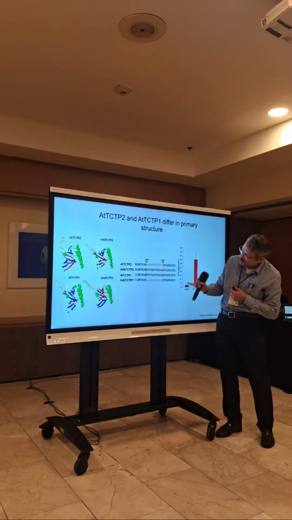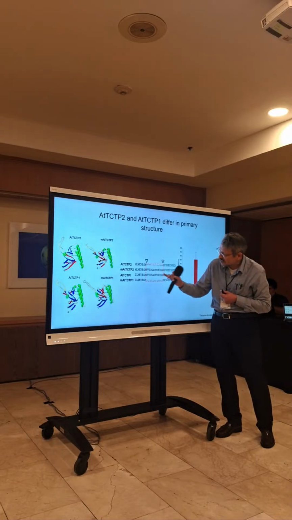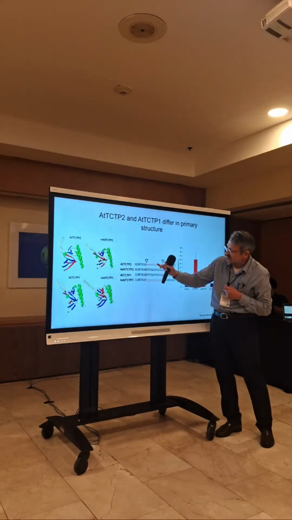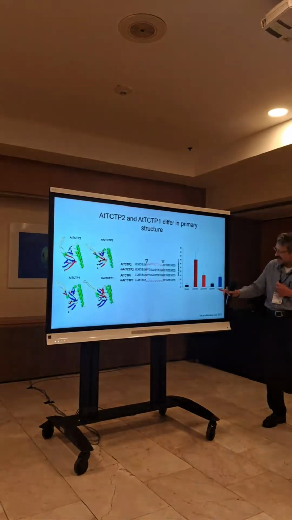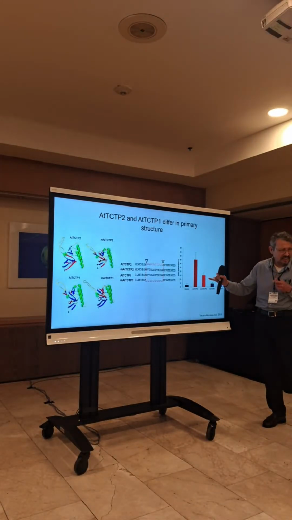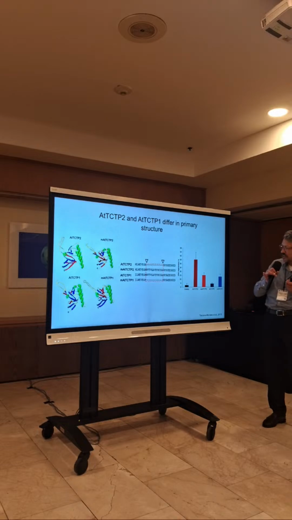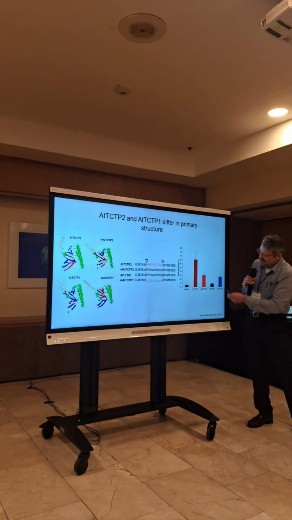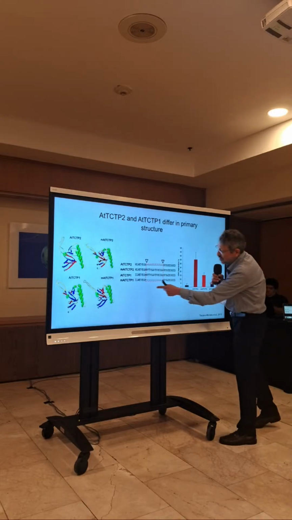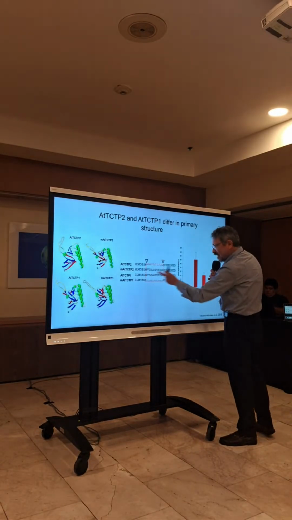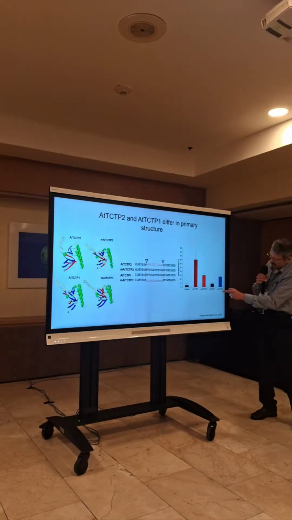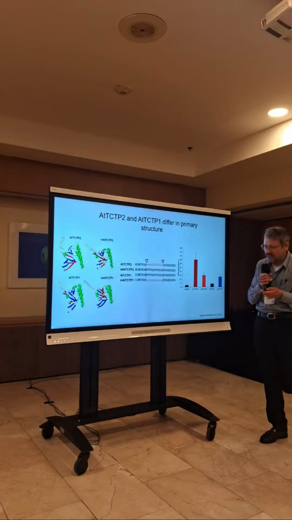And in fact, when we insert this sequence into TCTP2, it behaves more like TCTP1. So it decreases regeneration efficiency, and the opposite happens here with TCTP1. When you delete this sequence, it behaves more like TCTP2, so it increases its regeneration efficiency.